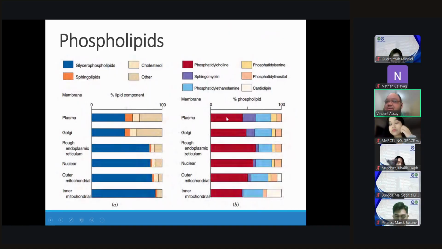Within the plasma membrane, you will see greater amounts of phosphatidylethanolamine, also within the mitochondria. So different locations of the cell have different concentrations and compositions of lipids.